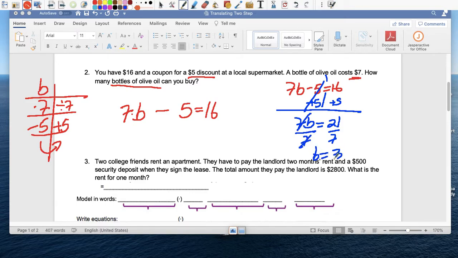So how many bottles of olive oil can I buy? I can buy 3 bottles. If you did your check, it's 7 times b, and b in this case is 3, so I'm going to put times 3. That's 21 minus 5 equals 16.